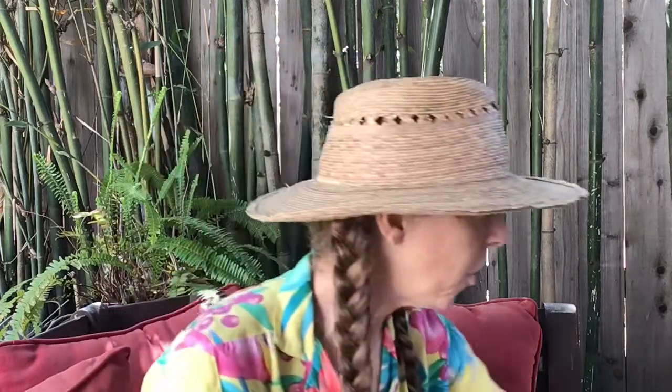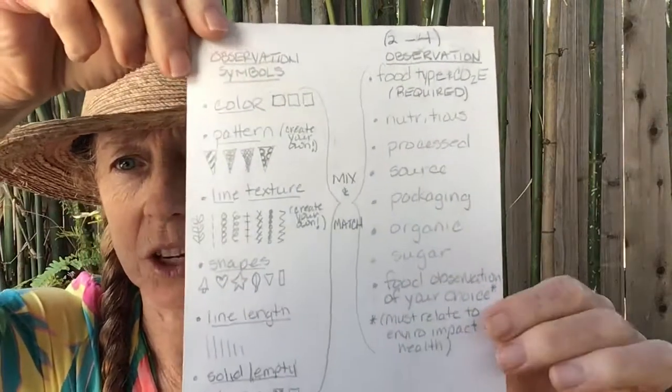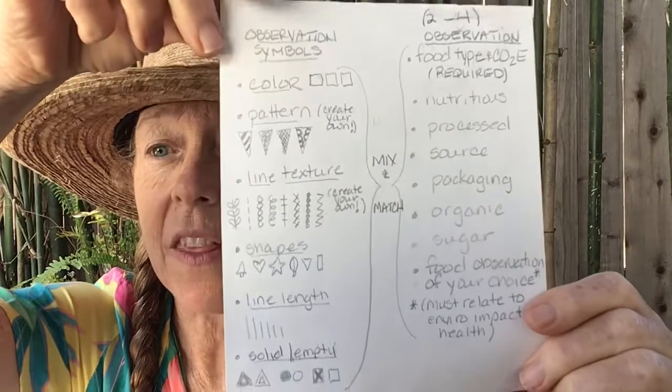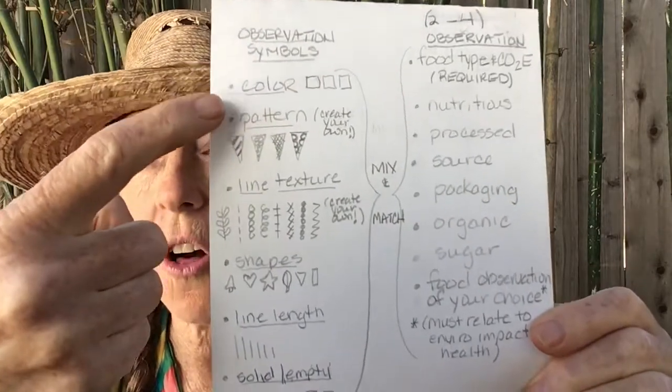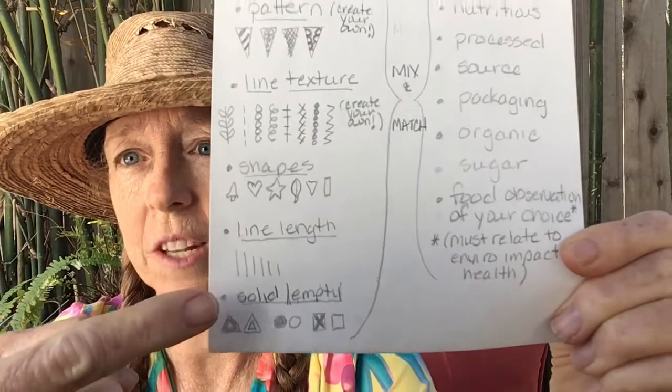Once you have in your mind what those are going to be, you need to attach symbols to each observation. So I have made another cheat sheet with all of the observations that I suggested as possibilities here. And then I made a list of all the different types of symbols you can use to represent those observations.